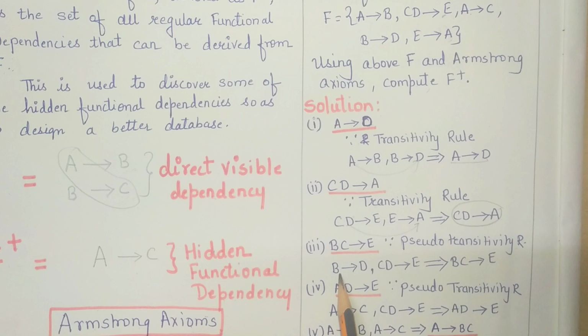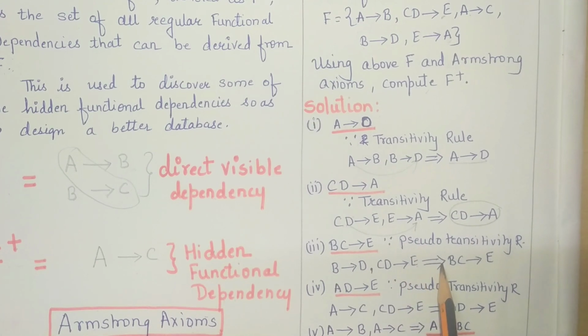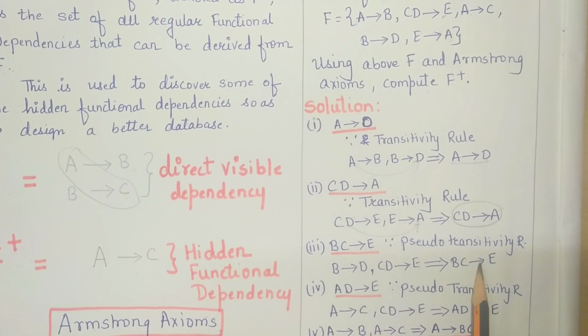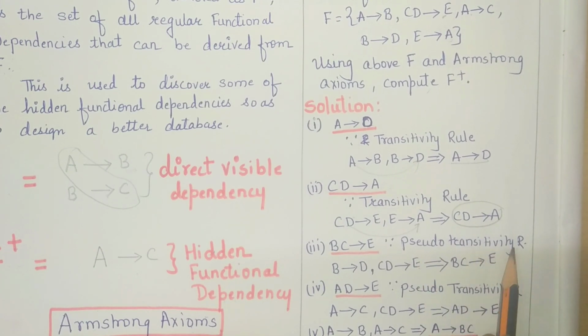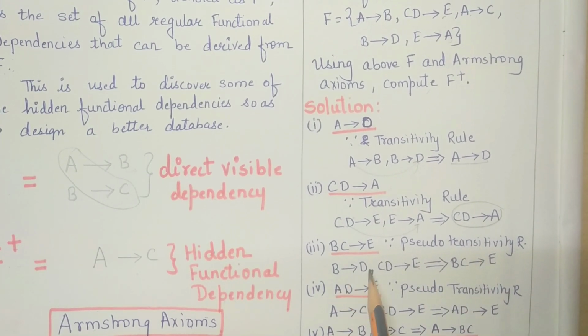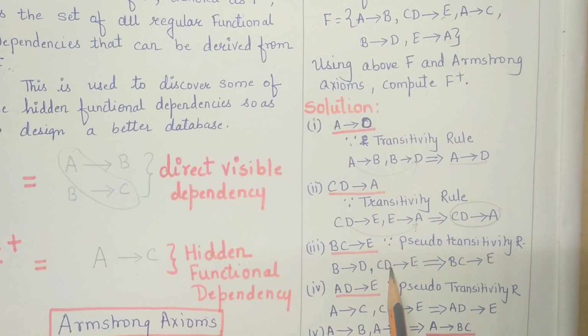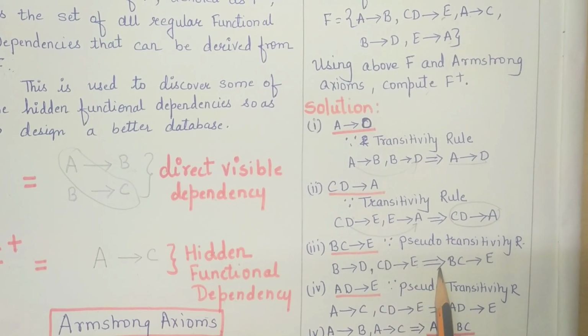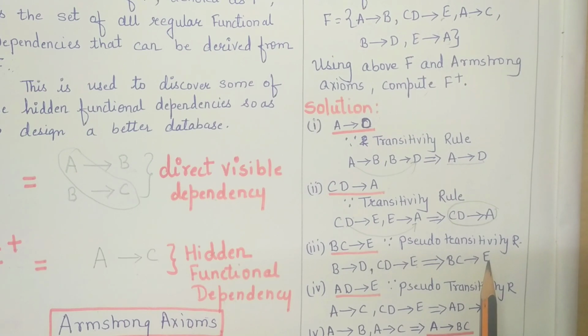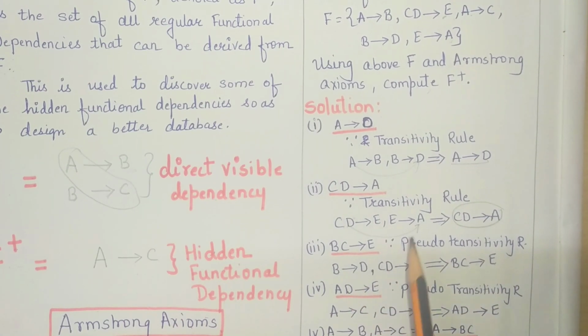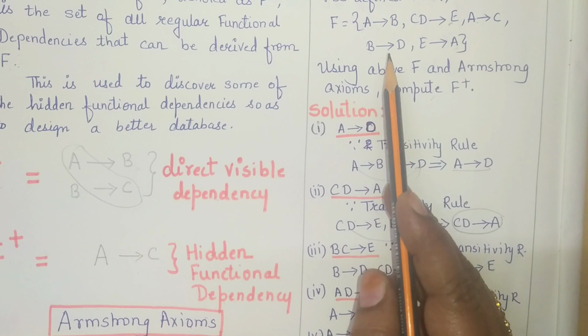Here we can see B determines D and CD determines E, then BC determines E. With the help of the pseudo-transitivity rule, B determines D and CD determines E, so BC determines E is a valid functional dependency.